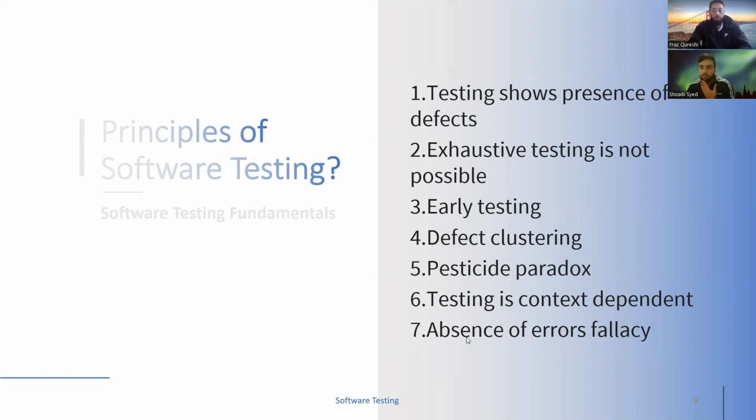That could be the reason: if there are no defects coming up, maybe you're testing everything wrong. Maybe your whole direction from day one was wrong. Maybe your requirements are wrong. You're testing for the wrong requirements. So again, if there is testing, there are defects. If there is no testing, there are no defects.